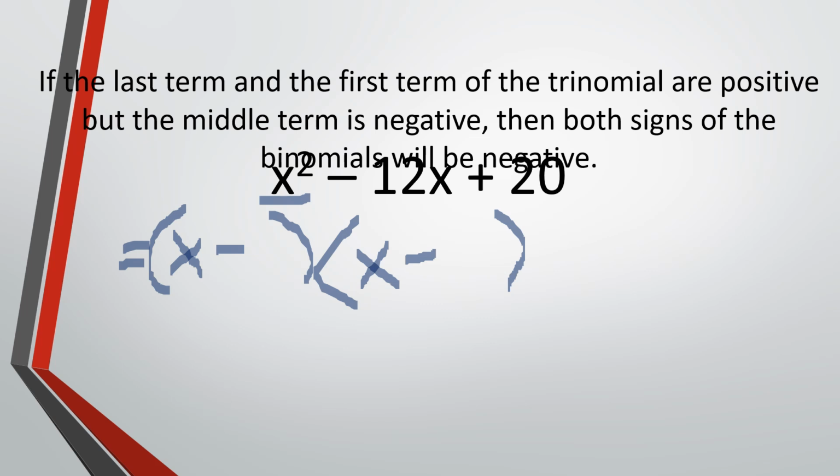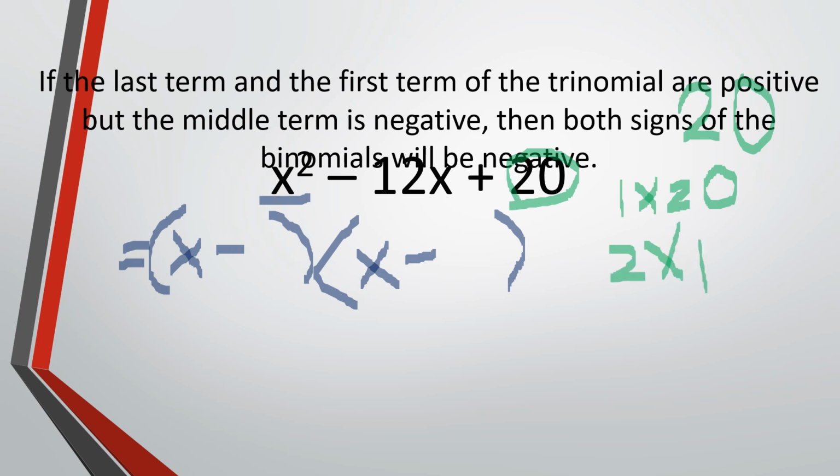Now let's find the factors of 20. We have 1 and 20. We also have 2 and 10. We have 4 and 5.